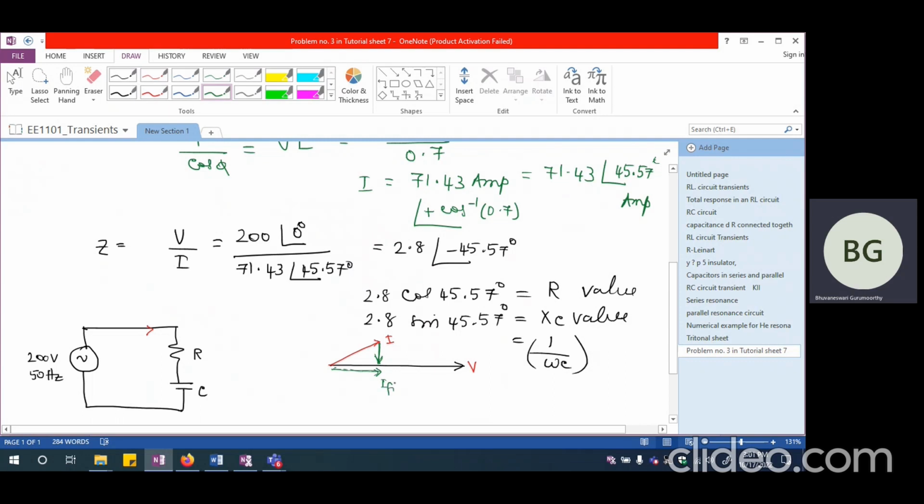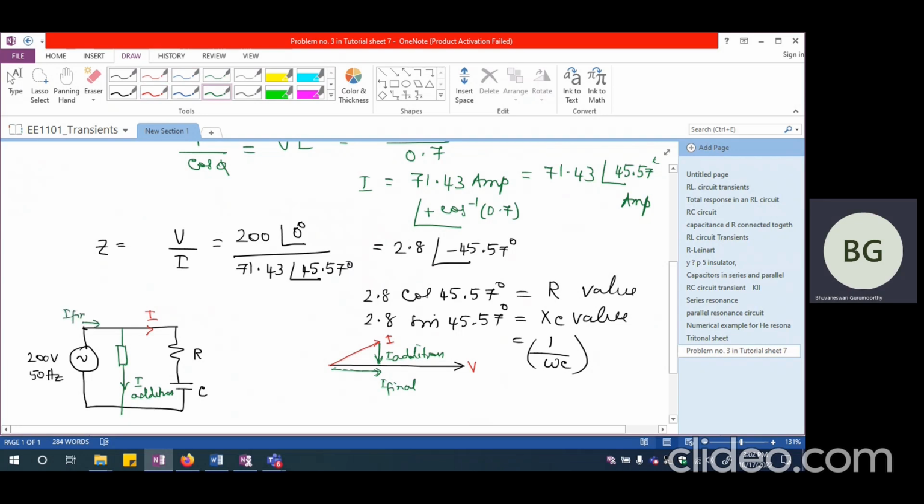So this will be I final, and this will be the I addition, whatever I want to add. If I add an element here, I have not shown what kind of element it is. This is the original I value, and what I get here will be I final.